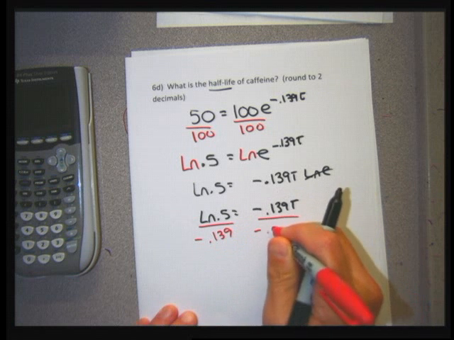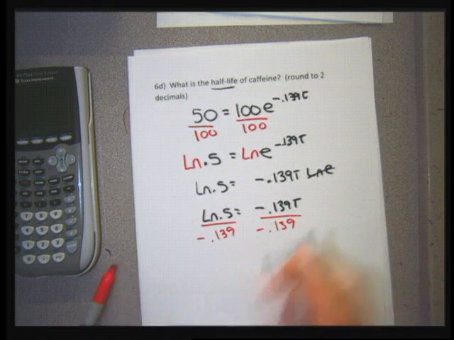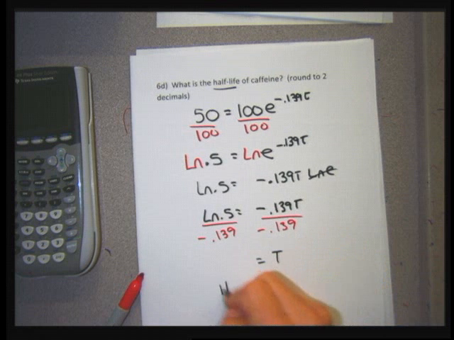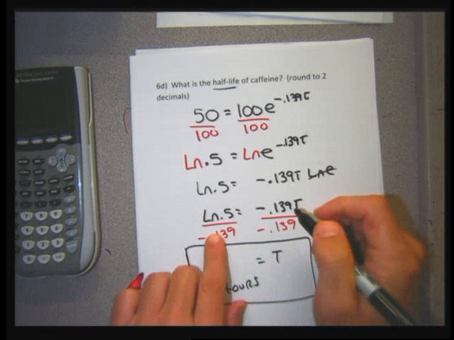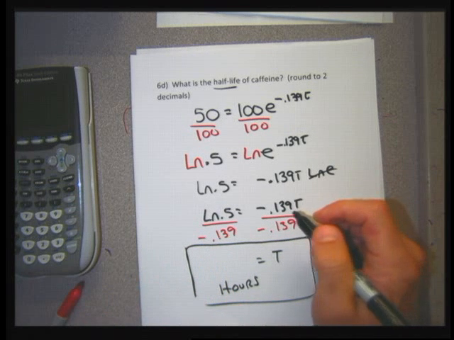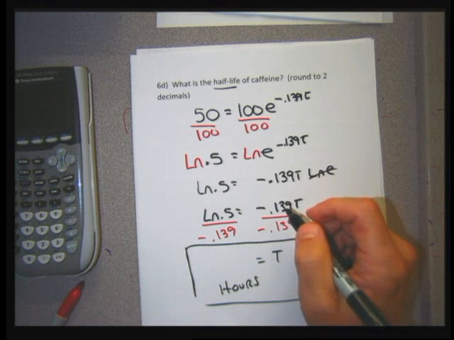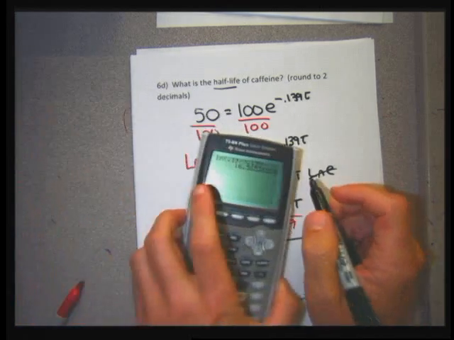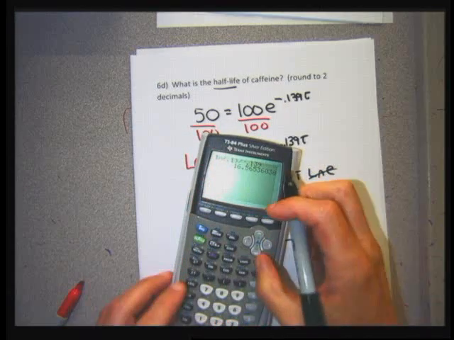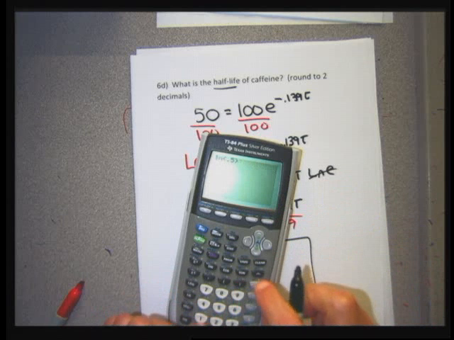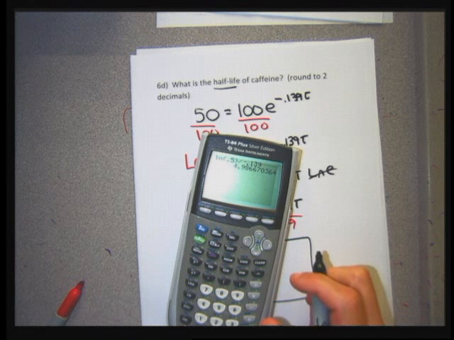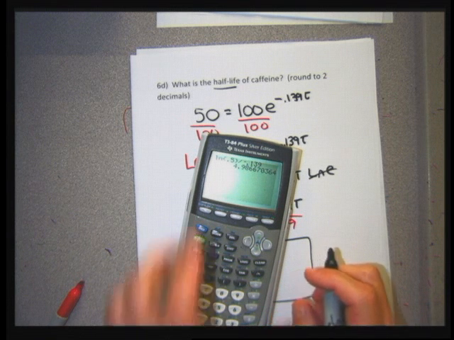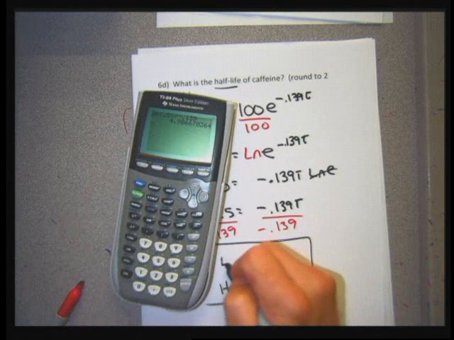Right side gives me the answer, or t, and whatever this side comes out to, I'm going to round to 2 decimals, and that's how long it's going to take for half of the 100 grams to disappear or be used up by my body. So I'm going to go the ln of 0.5 divided by negative 0.139, and when I do that, I get 4.98 or 4.99 hours. So this is the half-life of caffeine.